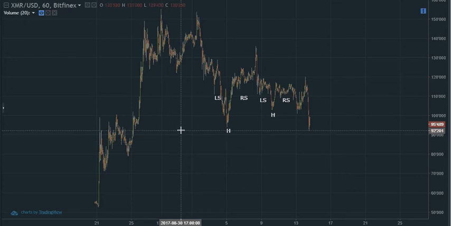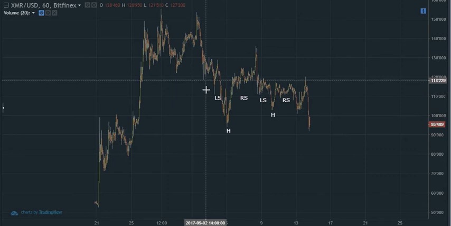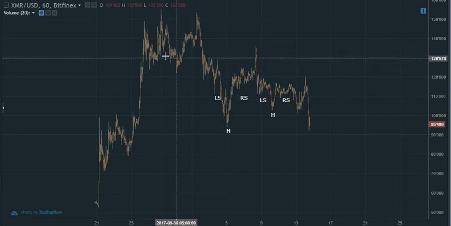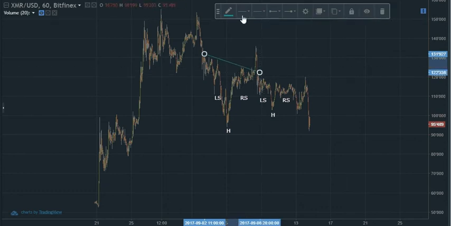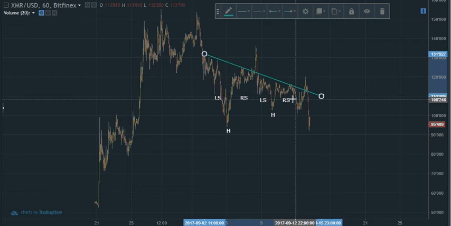With regards to fractals, if you look at this fake out of a head and shoulders bottom, after the neckline was breached, there was a spike and fell right back under. And then I had pointed out another head and shoulders bottom, left head and the right head, shoulder. Look what happened.